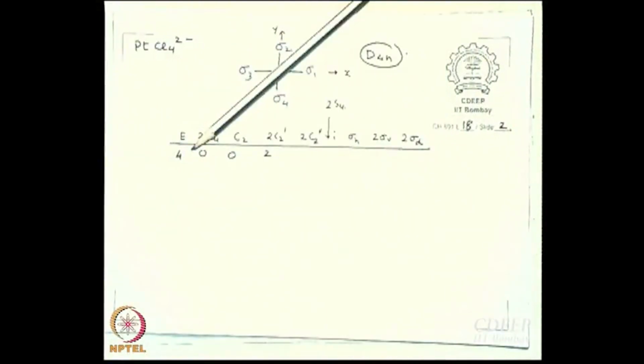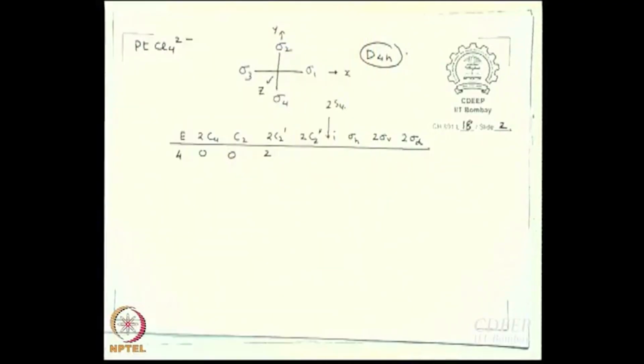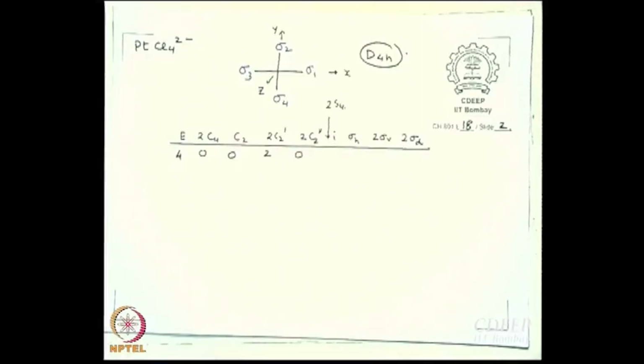Sigma 1 goes to sigma 2, sigma 3 goes to sigma 4, right? So this is 0 and I have created enough space for writing the character of S4, which is 0.